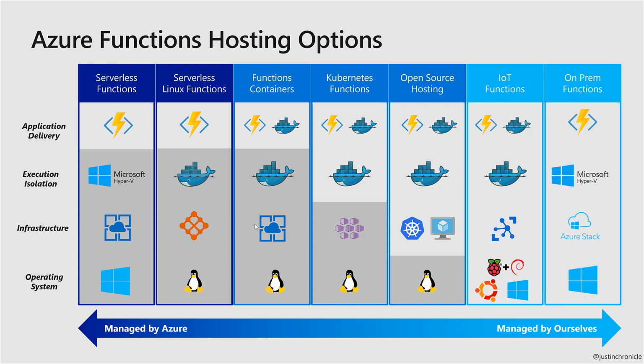And if you really want to run the Azure Functions runtime on your on-prem server, that is another option. Regardless of where our function code is running, we can port it from one place to another. So these are all the possible hosting options. Wherever you want to move your functions runtime from one place to another, it might fall into one of these 7 options.